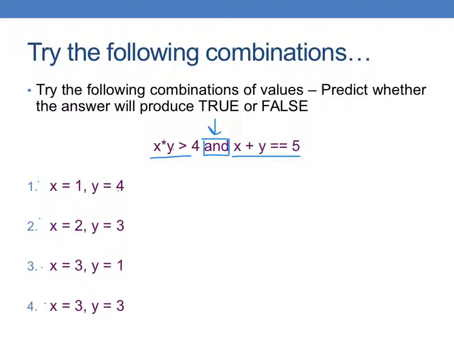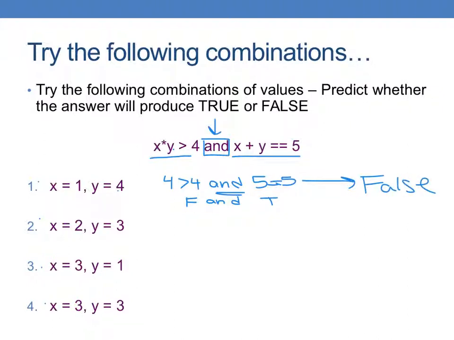So 1 times 4 says 4 is greater than 4, and 1 plus y, so 1 plus 4 is 5, 5 is equal to 5. So what's happening here is we get a false statement and a true statement.